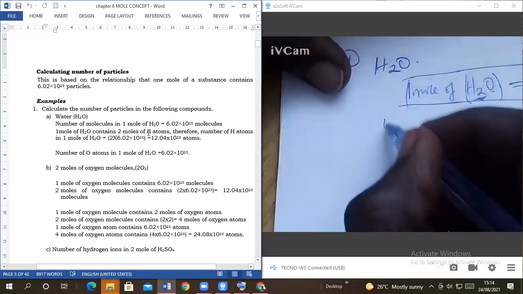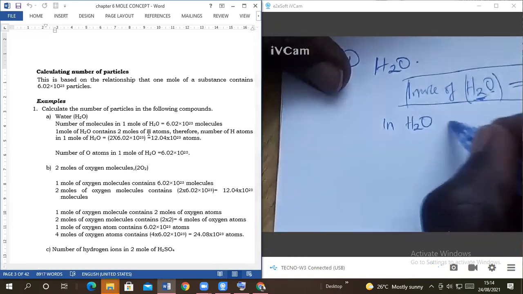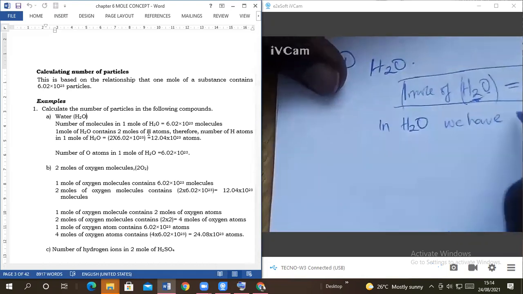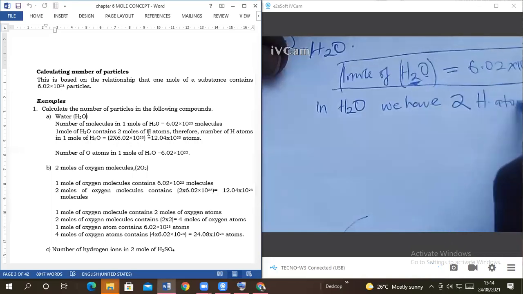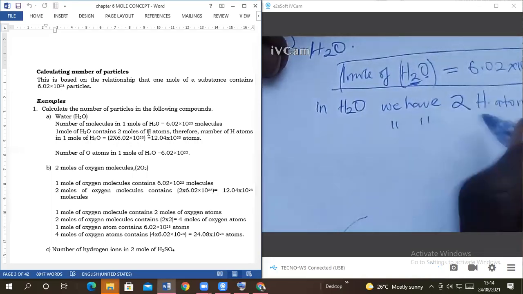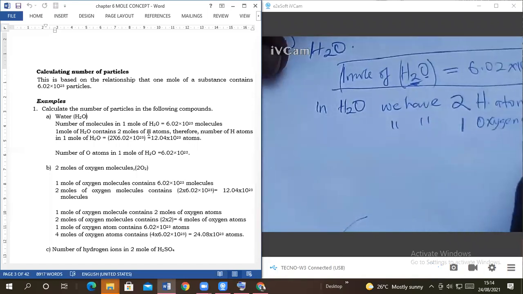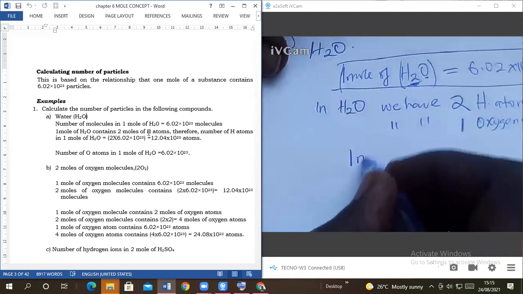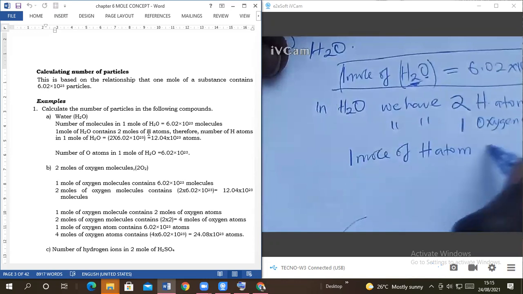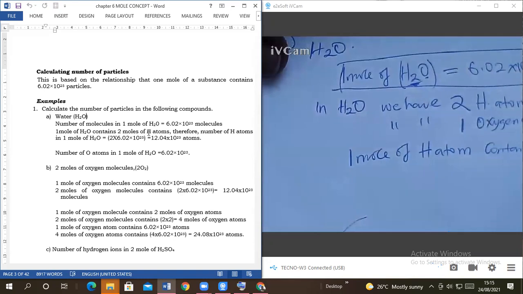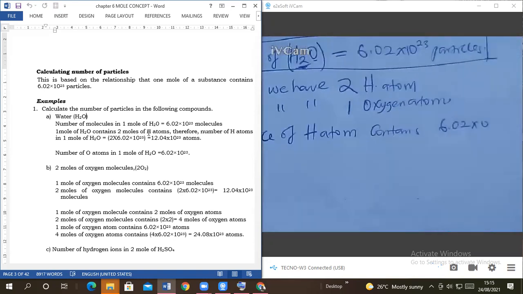So in the water, we have 2 hydrogen atoms. Then in the water, we also have 1 oxygen atom. So 1 mole of hydrogen atom contains 6.02 times 10 to the power 23 particles.